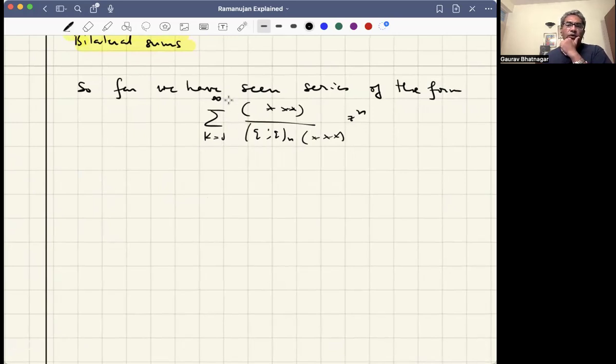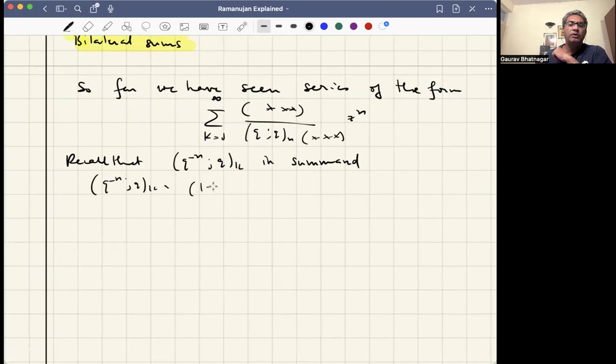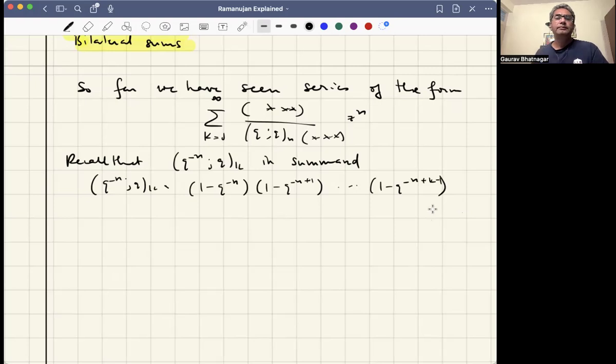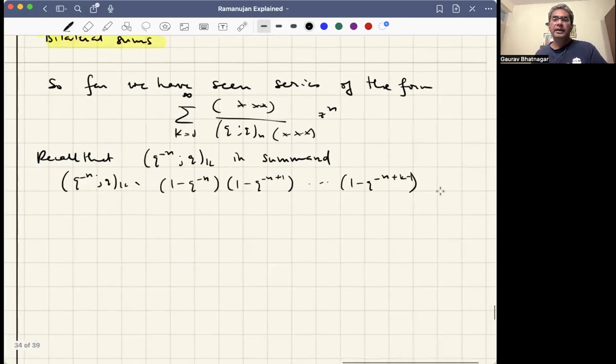These series are infinite in one direction, but recall that if you have (q raised to minus n;q)_k in the summand, then (q raised to minus n;q)_k is equal to 1 minus q raised to minus n, 1 minus q raised to minus n plus 1, and so on, up to 1 minus q raised to minus n plus k minus 1. It's 0 if k is bigger than n.